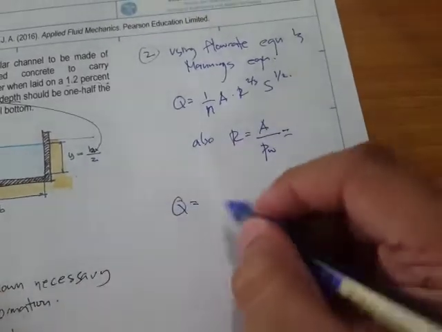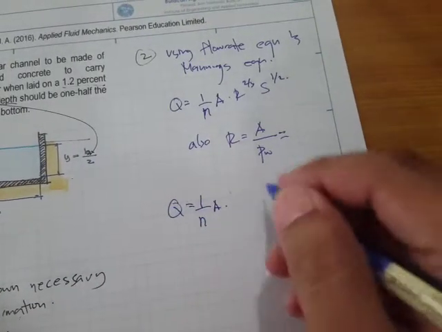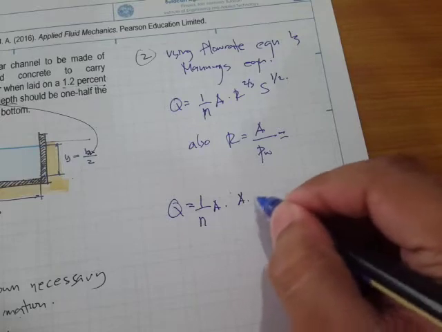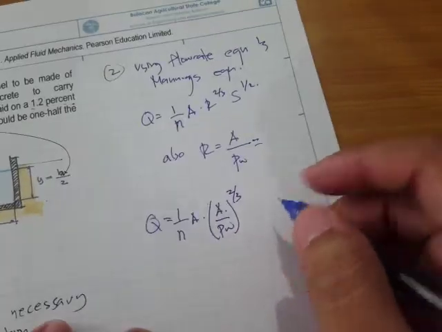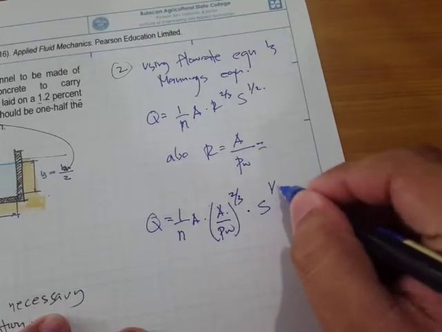Let us write it in this form: 1 over n times A times A over the wetted perimeter raised to 2/3, times S raised to 1/2.